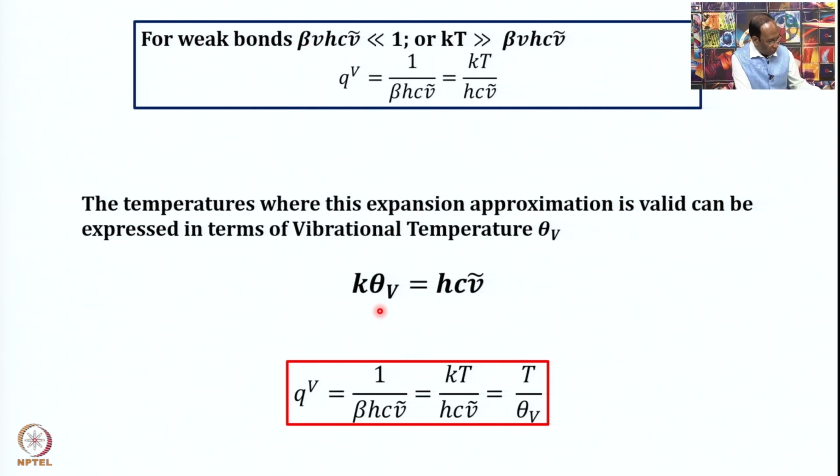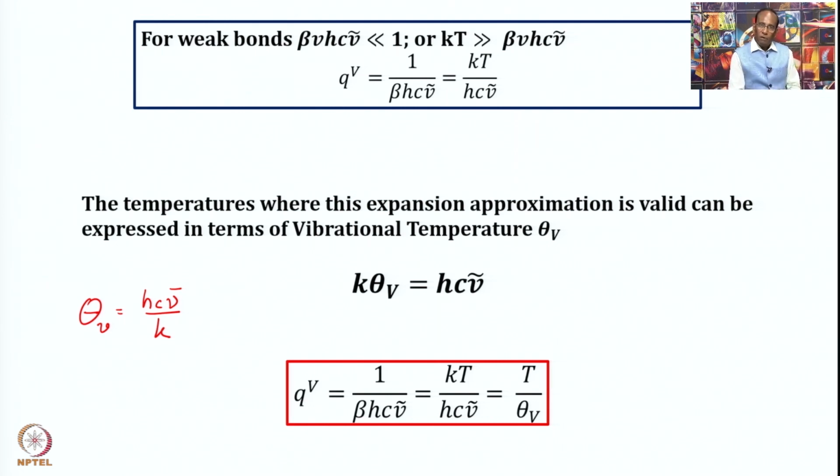That means I write theta V is equal to hc nu bar by k. You can work out the units of this; it will turn out to be the temperature unit.